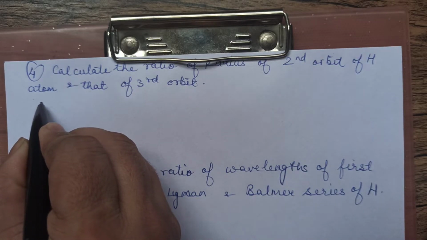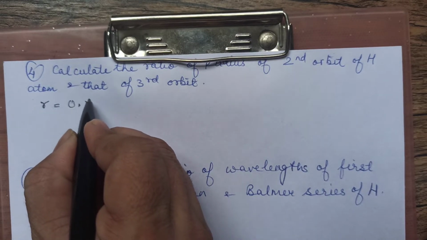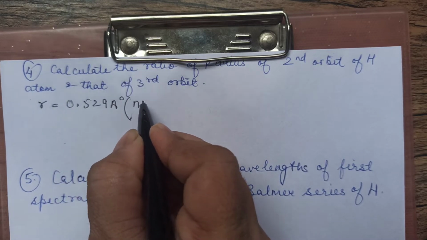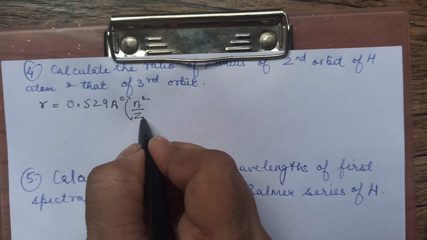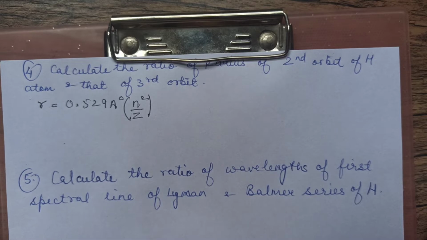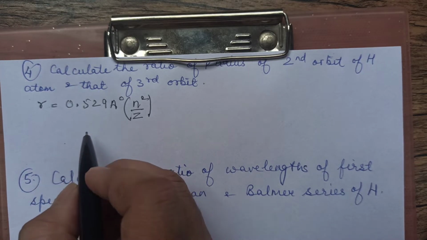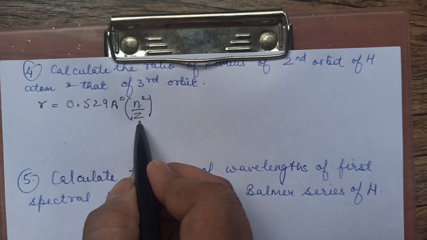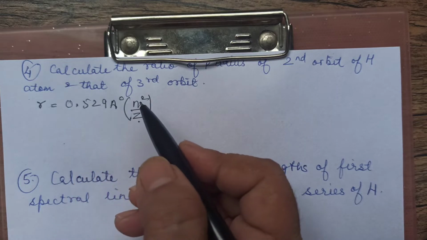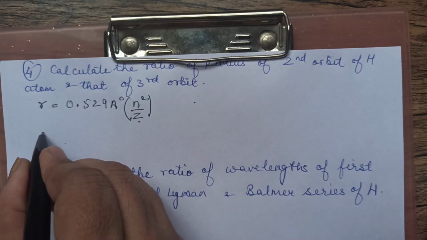We have done: R is equal to 0.529 angstrom unit into n square by Z. I'm not putting the values as of now, it is 2 and 3, sorry, because I'm just coming to that relation. Now it is for hydrogen, so this can be neglected. This also will be constant.